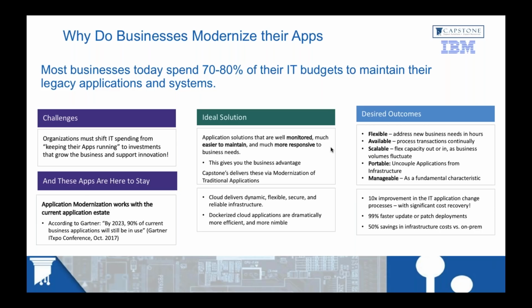We say 99% faster updates, our experiences, we're seeing at least one more 9, so 99.9. 50% cost reduction seems about right, especially when you factor in VM license costs and better exploitation of the hardware footprint. And probably many of you, given that this is a DevOps audience, have seen some of these same types of improvements in your organizations.